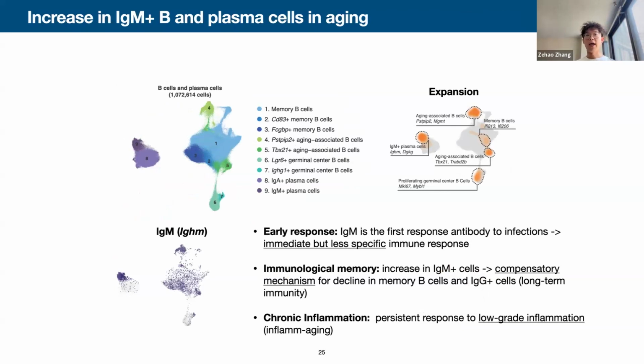One example here I'm showing you is that we find most of the aging-associated B cells or plasma cells express this IgM. And we know that IgM is a first response antibody to infections that mediates the universal and less specific immune response, which also corresponds to the low-grade inflammation that happens in the aging organism.